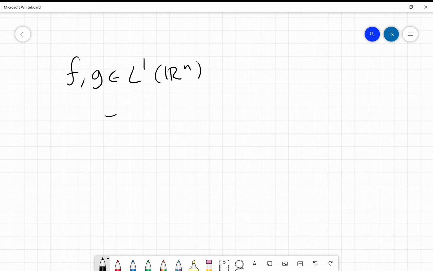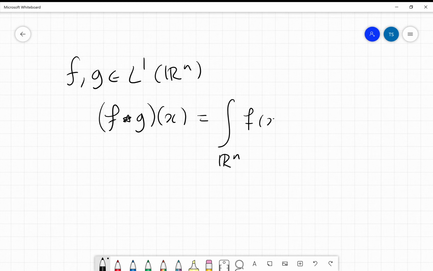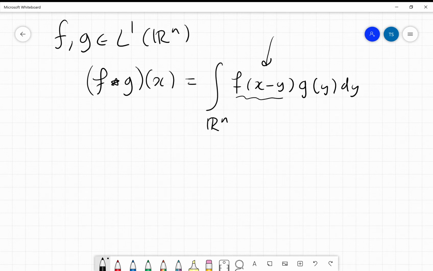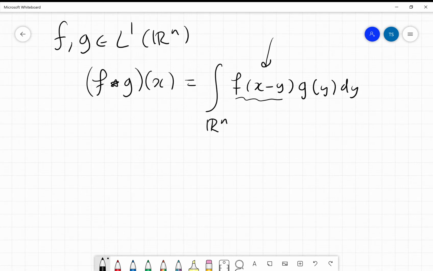So the convolution of them is just defined to be this. Now often what we convolute with is a family of functions which is called a family of good kernels. So for example, smooth bump functions and all of that. We'll get to that later.